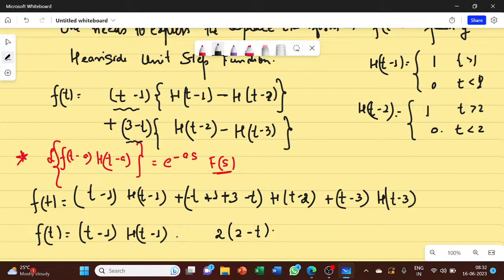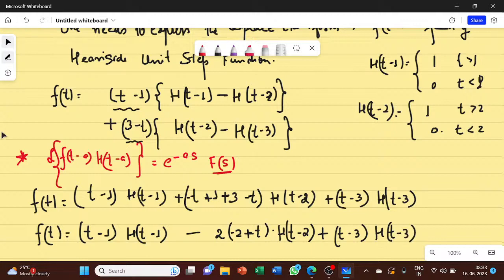Then what I'll get is minus 2 into t minus 2 into h of t minus 2, plus t minus 3 into h of t minus 3.